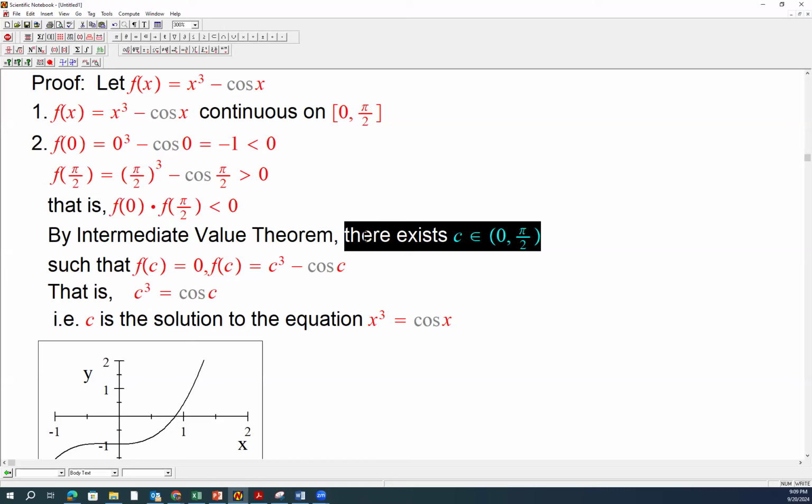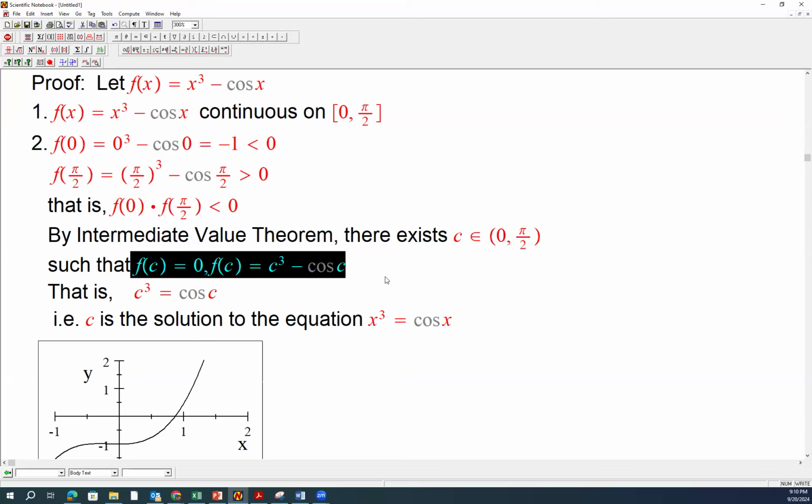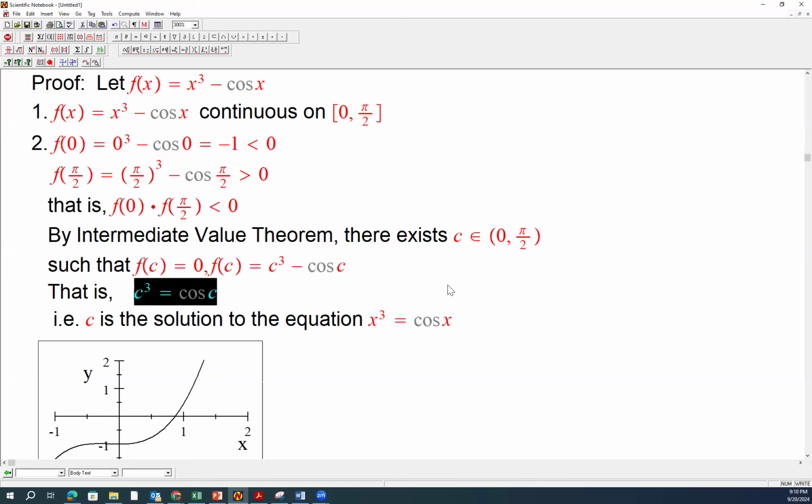There exists. You must use the words there exists. You can't just write a C without saying what this C is. You need to tell where C is and what C does. The consequence of having C is to make the statement of the equation true.